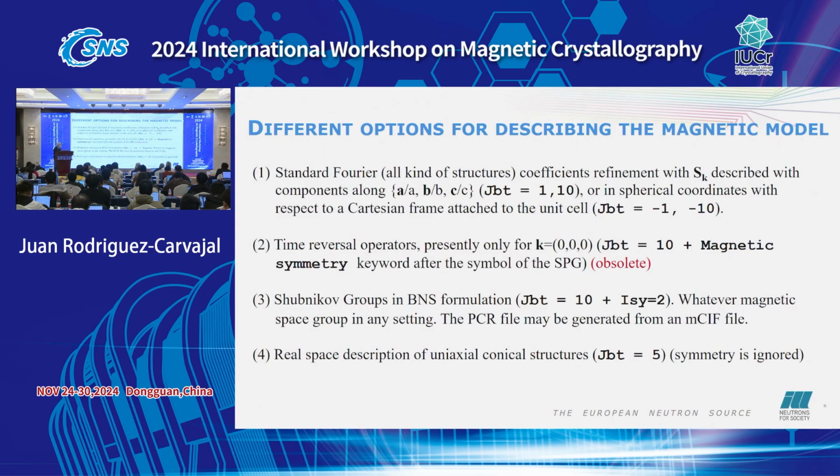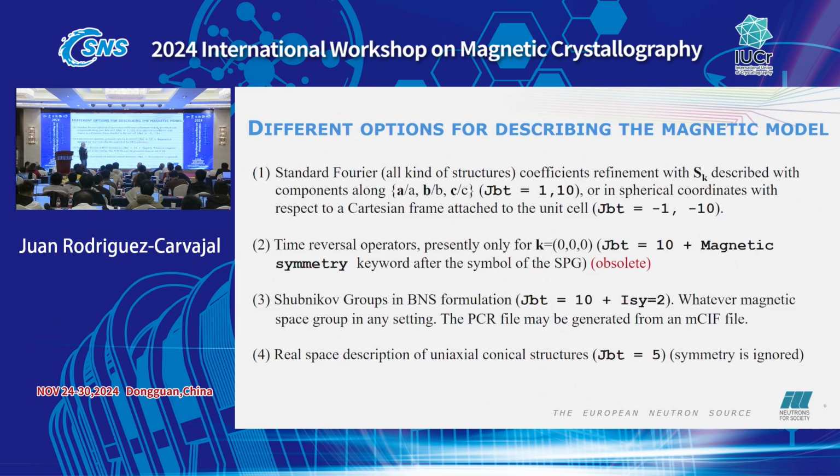Well, which are the different ways for doing that? For example, we have up to 8 different ways of working with magnetic structures in FullProf. The first is the standard Fourier coefficients refinement, with the vector Sk described with components along the directions of the unit cell.